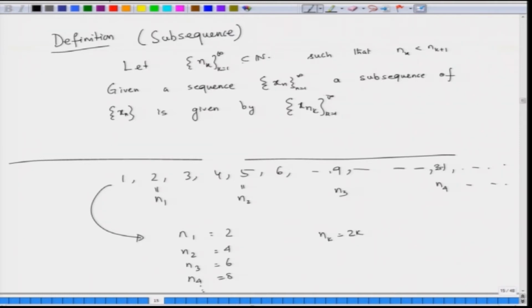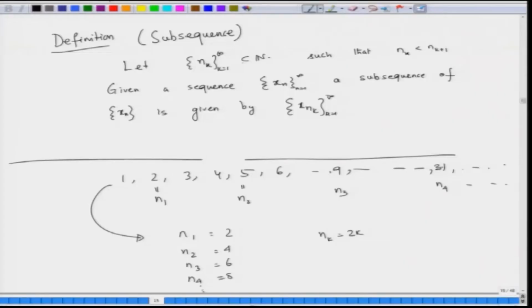Not necessarily are all the x_n's there; it can have x_2, x_4, x_6, x_8. So, this is a subsequence x_{n_k}. All these n_k's are natural numbers and satisfy n_k less than n_{k+1}. This is a particular example of a subsequence.